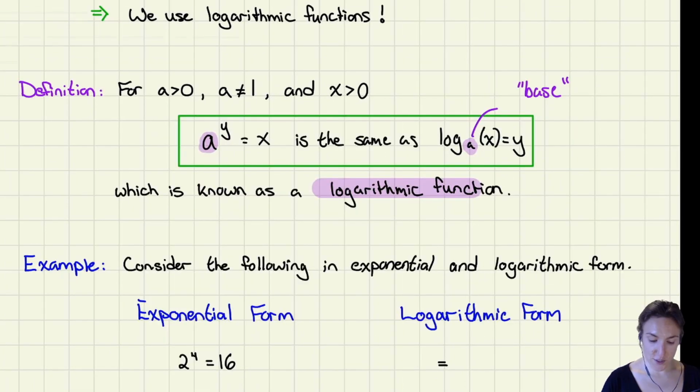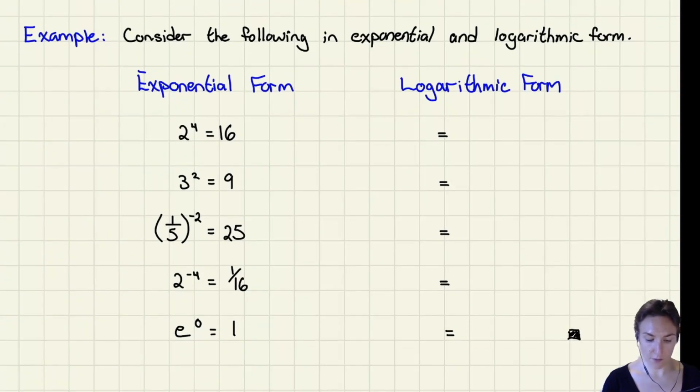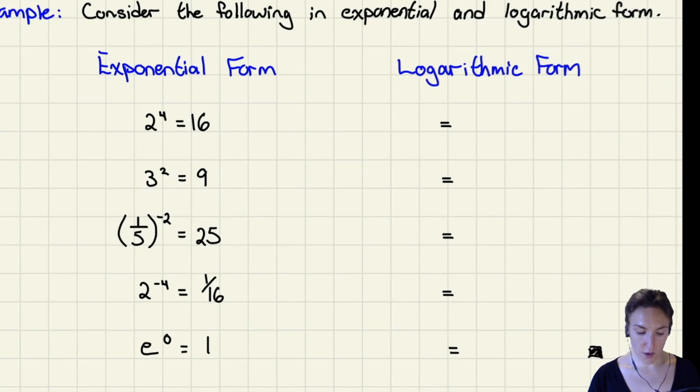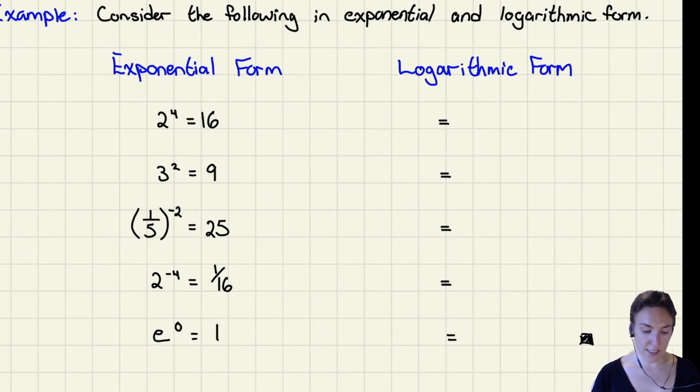Okay, so let's do a few examples where we can go back and forth between the forms, because it takes a little bit of getting used to. Let's say that we have these exponential forms. We're going to change them into log forms. For the first one, 2 to the power of 4 equals 16. The exponent is the part that goes on its own side, so we have 4 equals log.